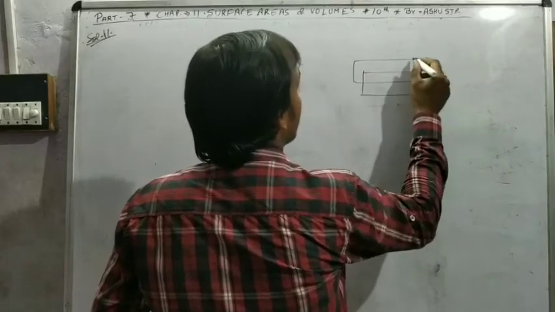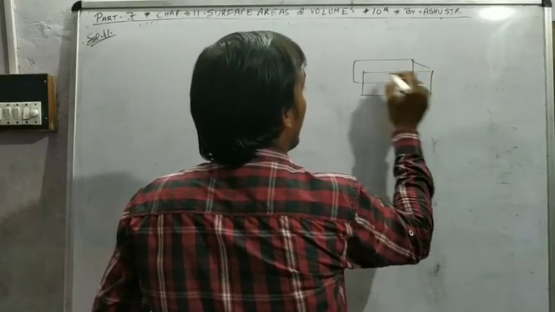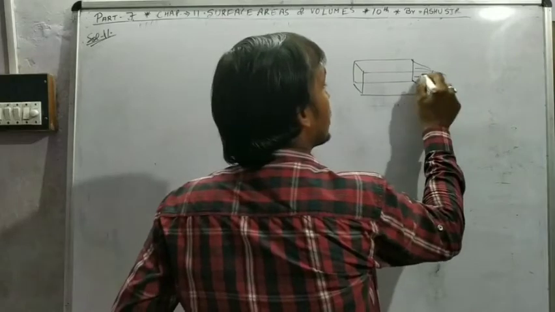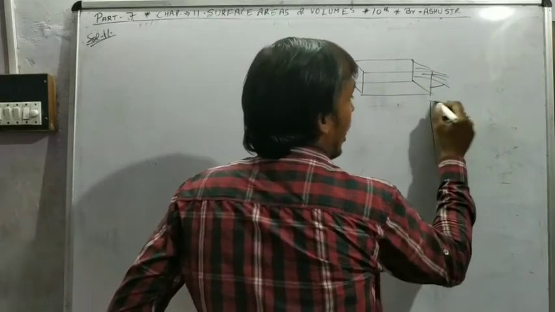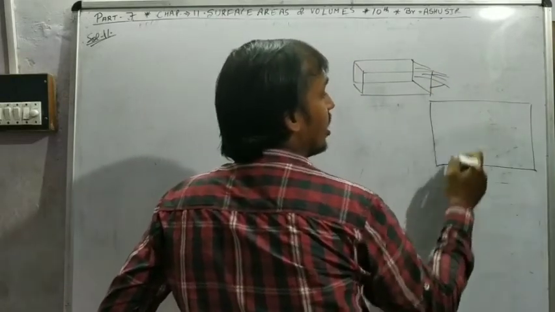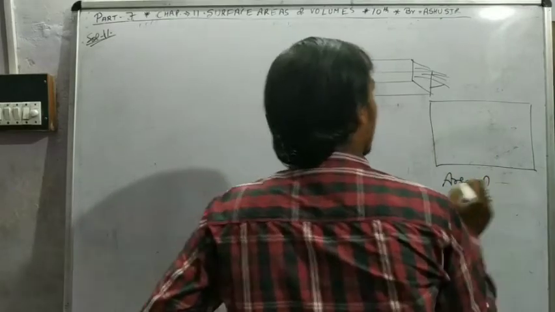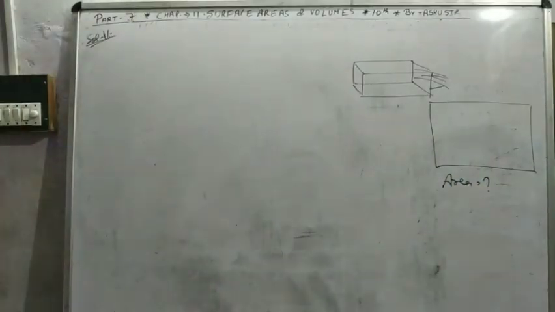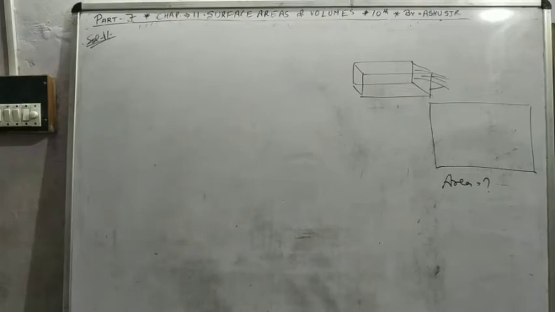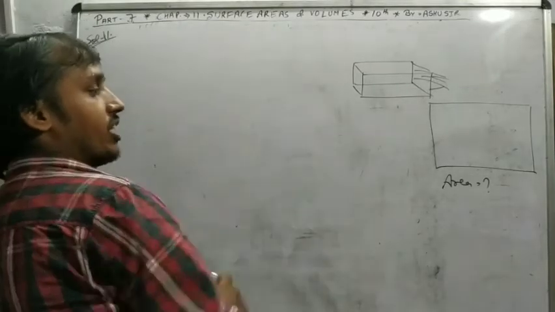If length and breadth are given, the canal is in the form of a cuboid. And water is flowing in the canal, and we want to find the area of this field. We want to find the area of irrigation.